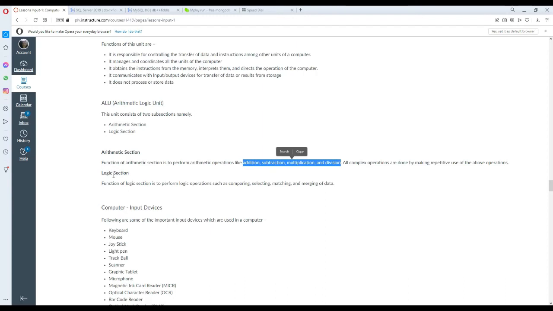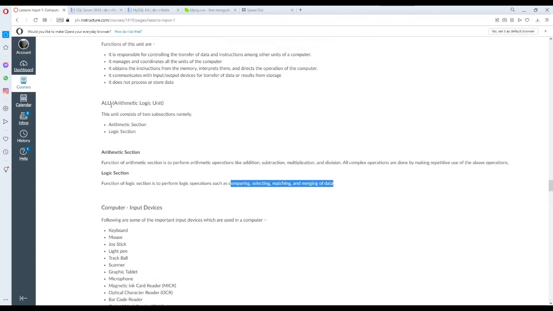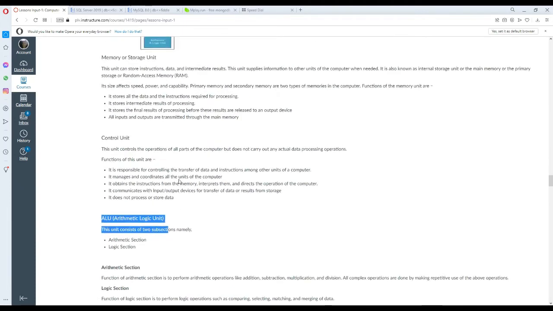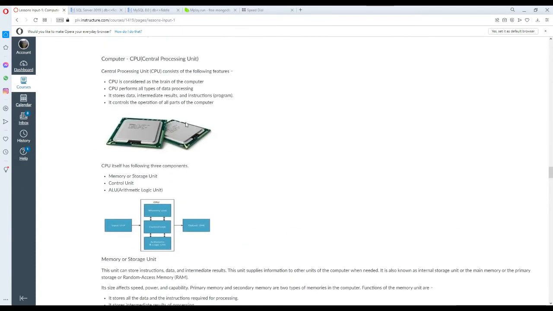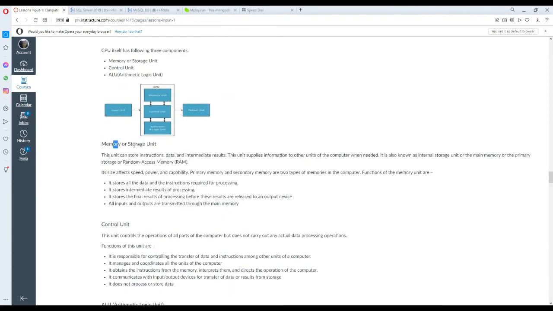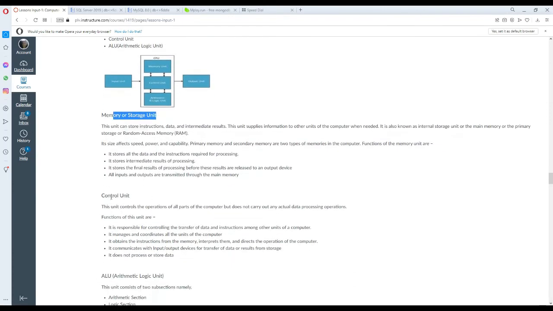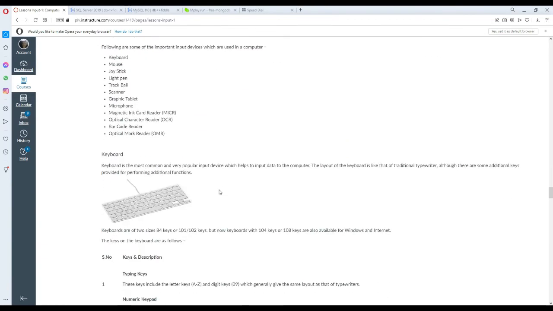We also have the logic operation, which performs comparing, selecting, matching, and merging of data. So that is the process of the ALU, or arithmetic logic unit. Again, we have the CPU, central processing unit, which contains the memory unit or storage, the control unit, and the ALU, or arithmetic and logic unit.